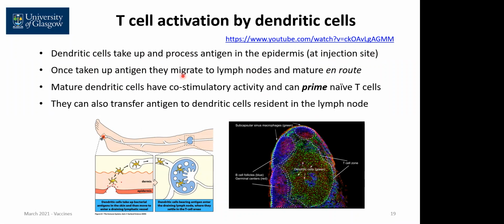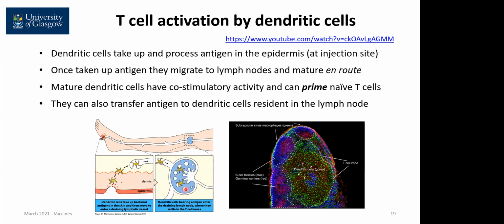Once they've taken up the antigen, once they've phagocytosed the antigen, they will migrate to the lymph nodes, which are found within the human body. For instance, if you are injected in the arm, the draining lymph nodes would be found in the armpit.